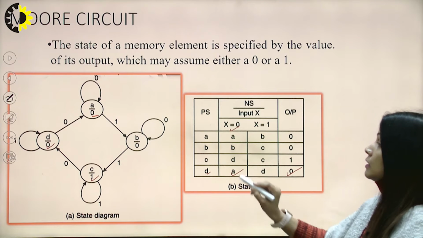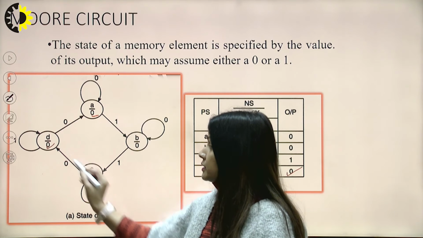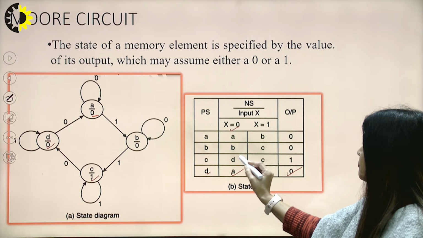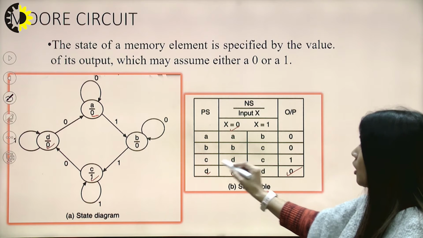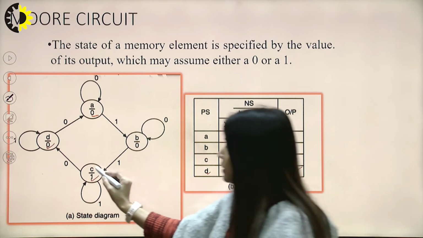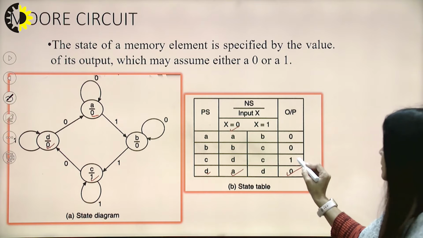See here, C goes to D when input is 0 and output is again 0.